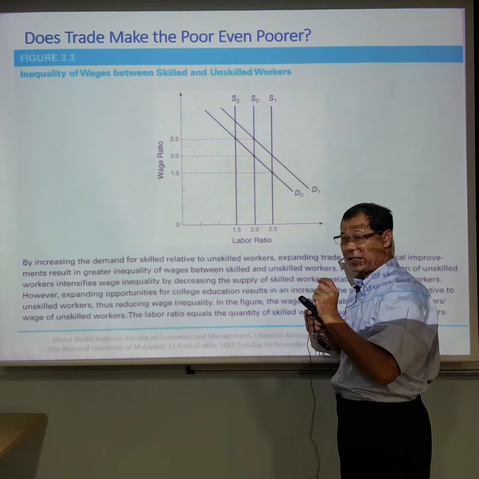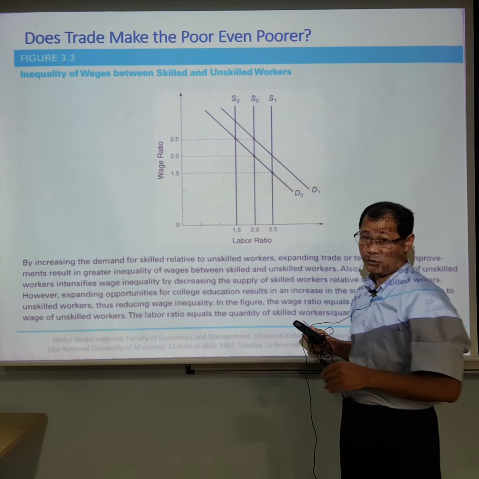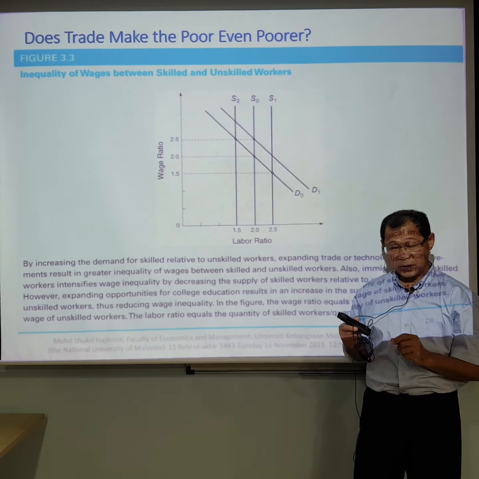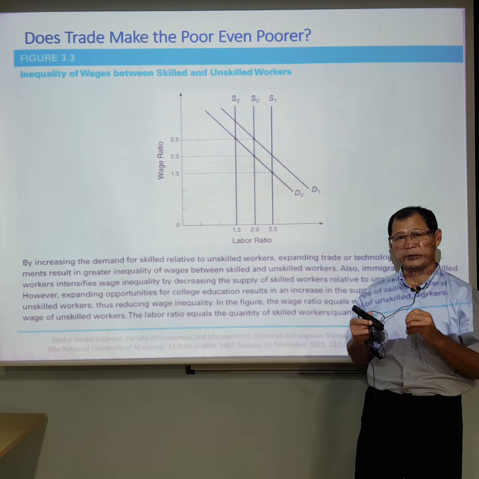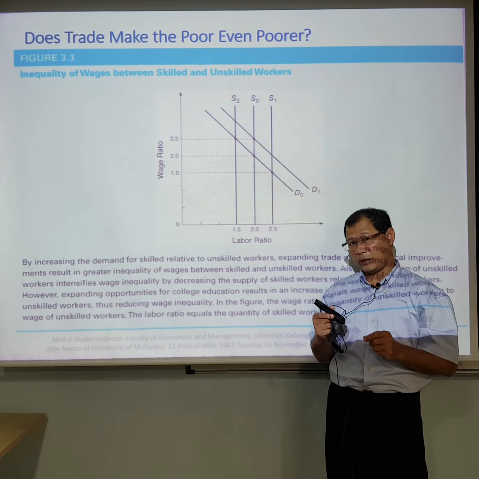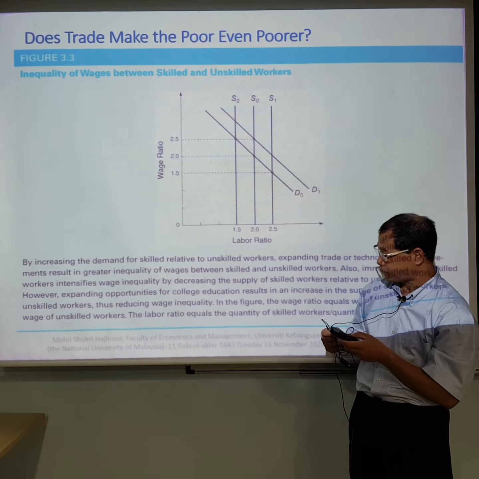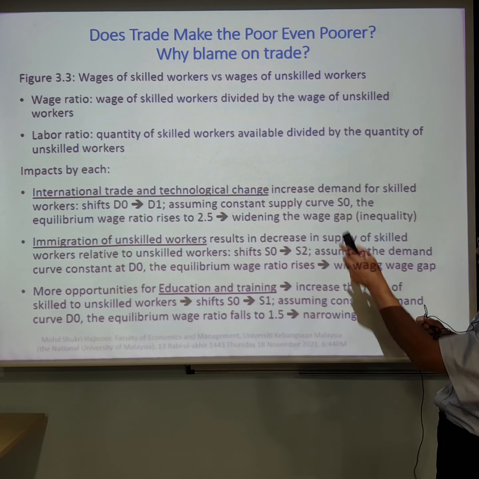Because of training and education, now the wage ratio has gone down. So, education and training narrows down the gap between the wages of the skilled versus the unskilled.